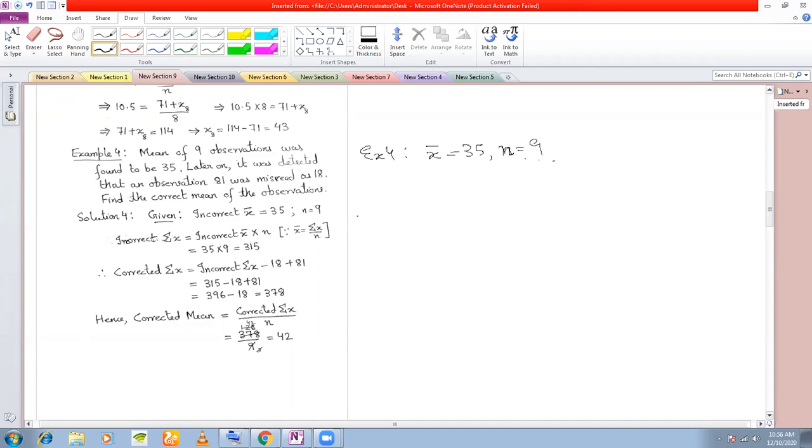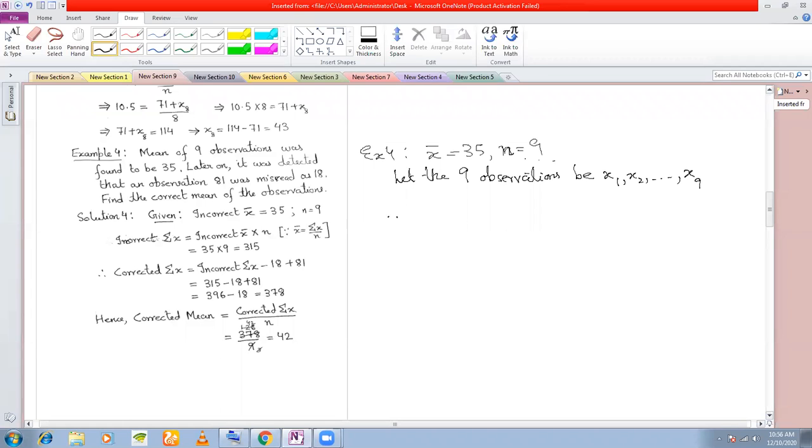Now I have given you a method here. If you can understand this method very well, fine. Otherwise, because the number of observations was 9, I say let the 9 observations be x1, x2 and up till x9.